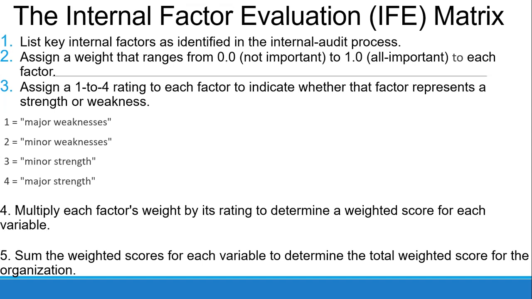So if, for instance, the weight for organizational structure is 1, and the rating for its strength or weakness is 3, then the total weight score for organizational structure will be 3 times 1, which will be what?